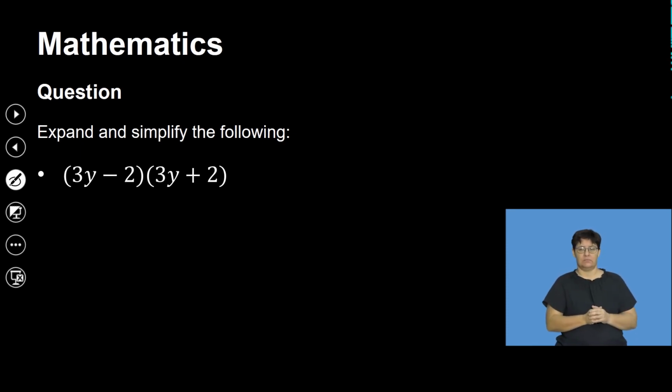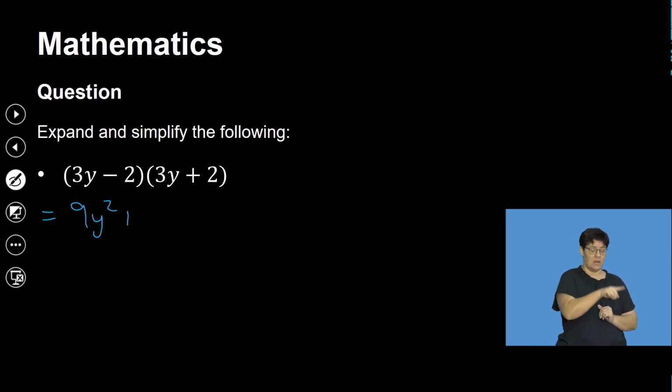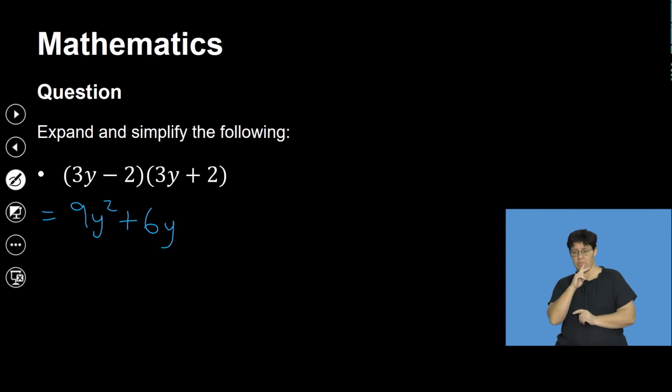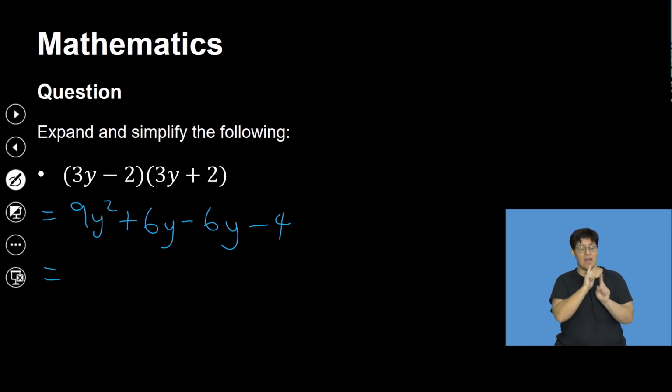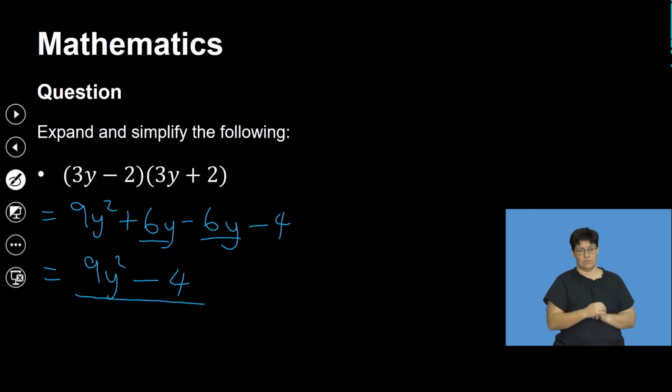Multiply the 3y and the 3y, so it's 3 and 3, which gives me 9, y and y gives me y squared, and then the 3y by the 2 gives me 6y, the negative 2 and the 3y gives me negative 6y, and then lastly negative 4. And this will then be equal to 9y squared. So you can see the middle term becomes 0. So this becomes minus 4.